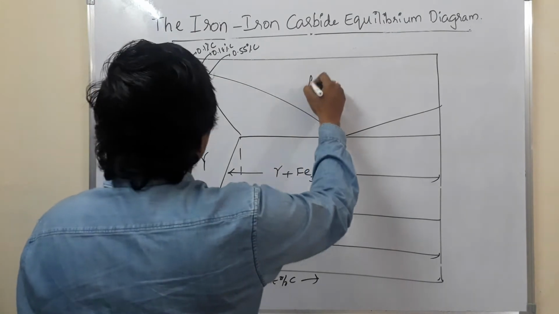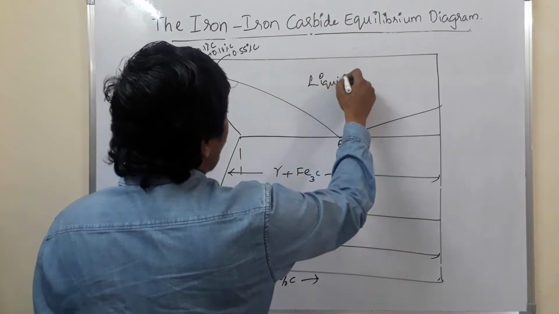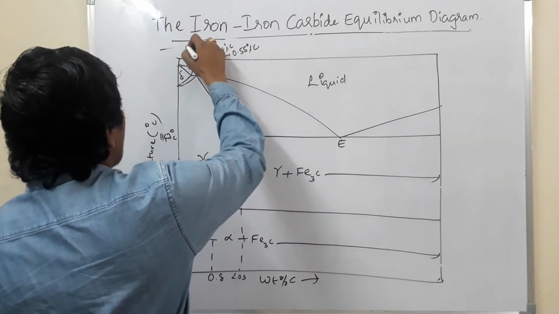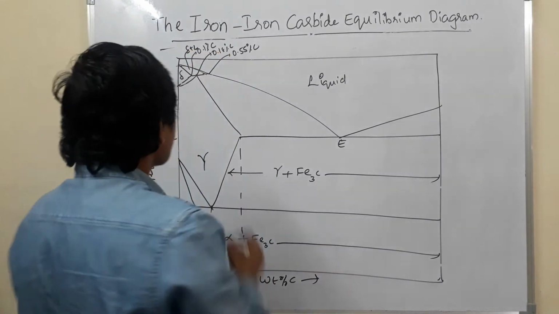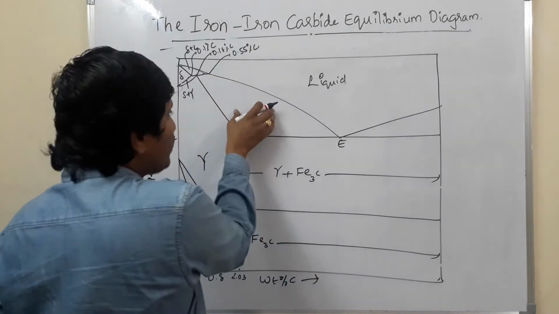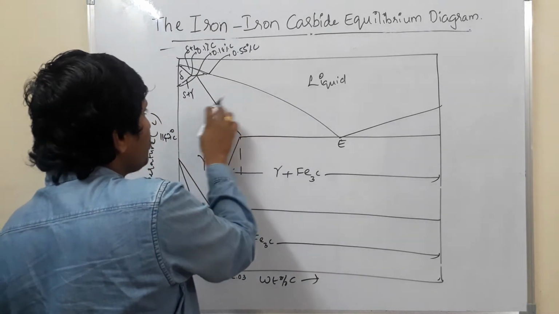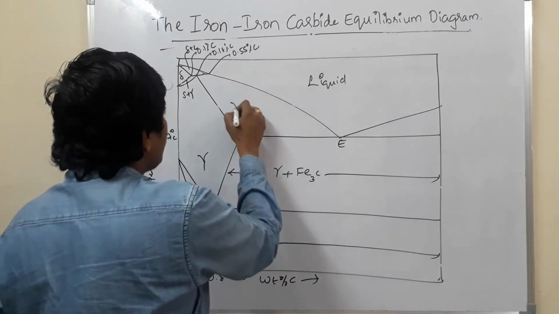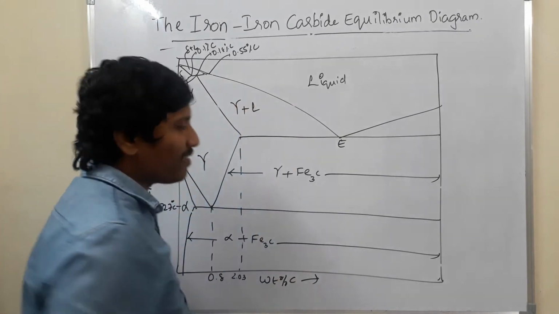This is liquid. What are the phases over here? This is delta plus liquid. This is delta plus gamma. What is the area over here? This corresponds to gamma, and this corresponds to liquid. So this region belongs to gamma plus liquid.